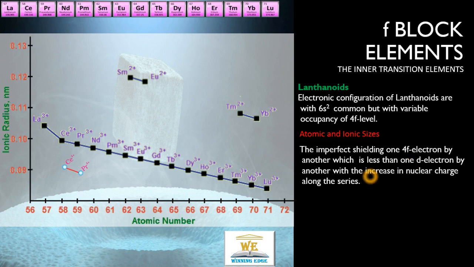So that is the reason with every unit of increase in nuclear charge with increase in atomic number, we see a systematic decrease in atomic or ionic radii. This is the reason for systematic reduction in 4f series ionic size.